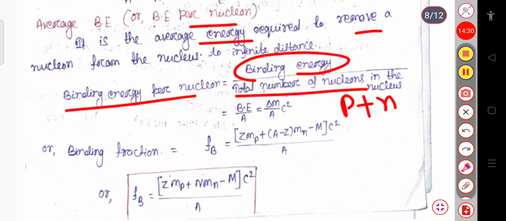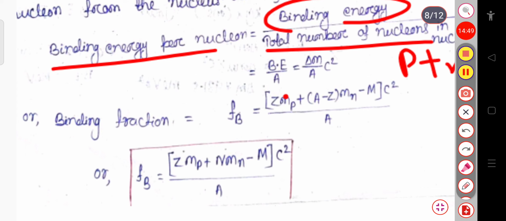So if p plus n nucleons are available, this is equal to the binding energy divided by p plus n, which is simply A, the mass number. So this is equal to the binding energy divided by A, or delta M C square divided by A, because binding energy is equal to delta M C square.